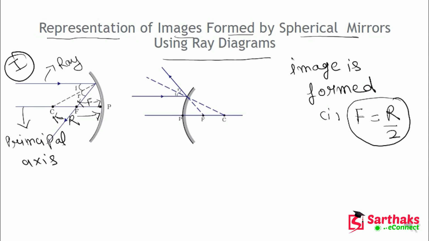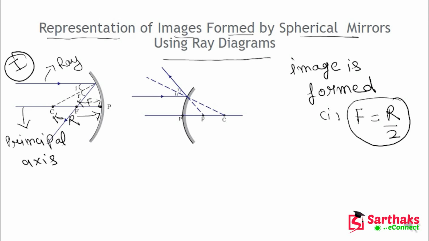And in the previous slide I told you that the ray which goes parallel to the principal axis always crosses, or meets, the point F. So it will meet point F.